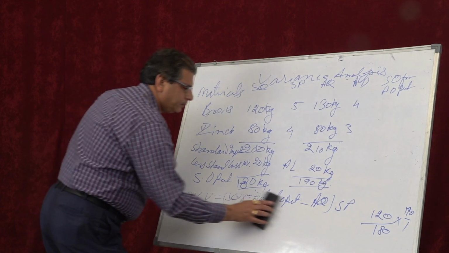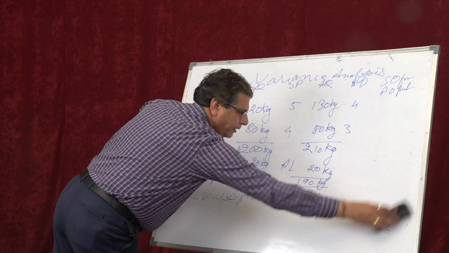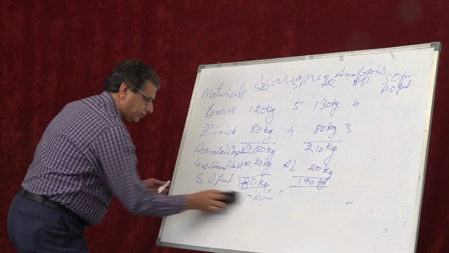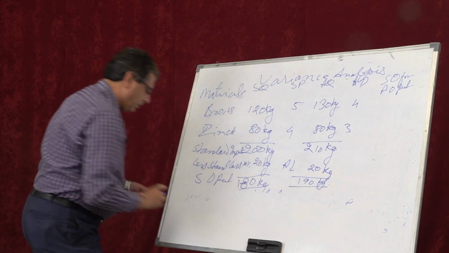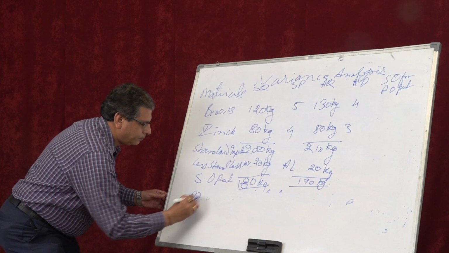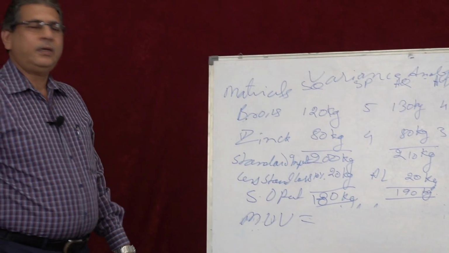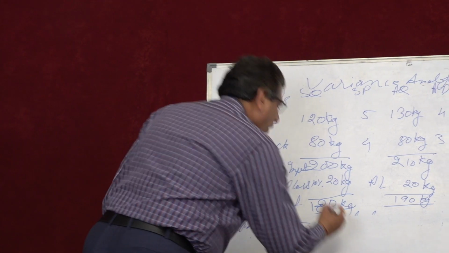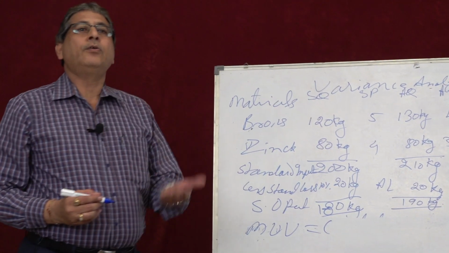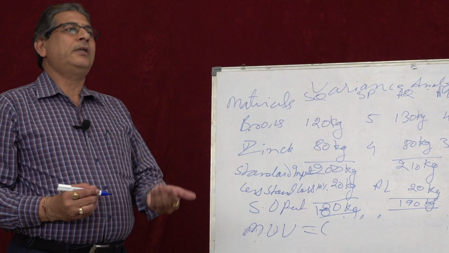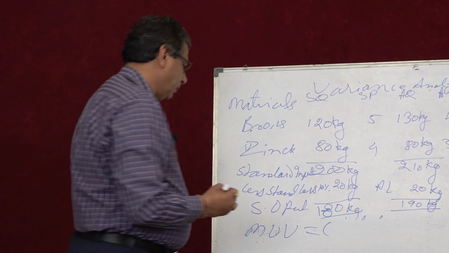Another variance you calculate is material usage variance. Material usage variance means how materials were utilized, adversely or favorably.